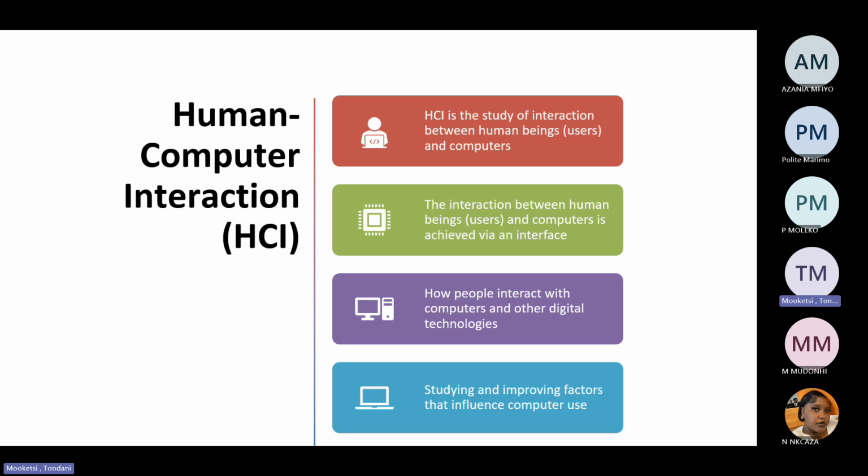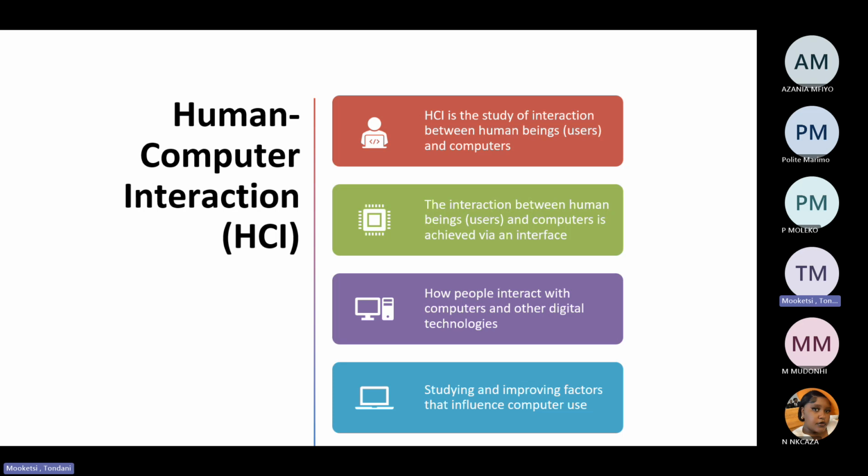Then it is about how people interact with computers and other digital technologies. So we learned that HCI as a field is not only rooted in information technology or in computer science, it also includes other fields like psychology, design, language, etc., to make sure that all aspects that affect human beings interacting with computers are addressed.